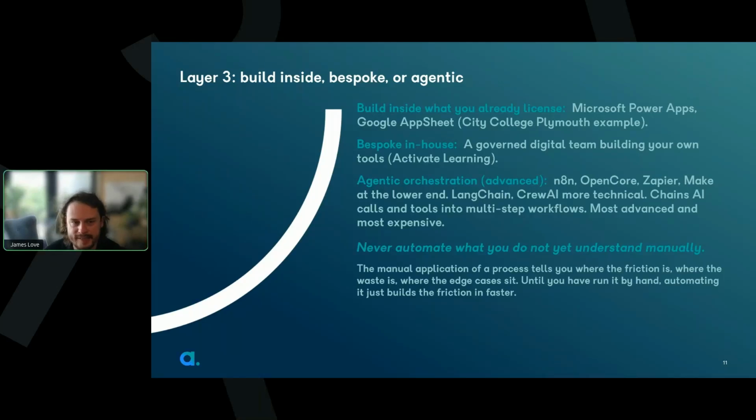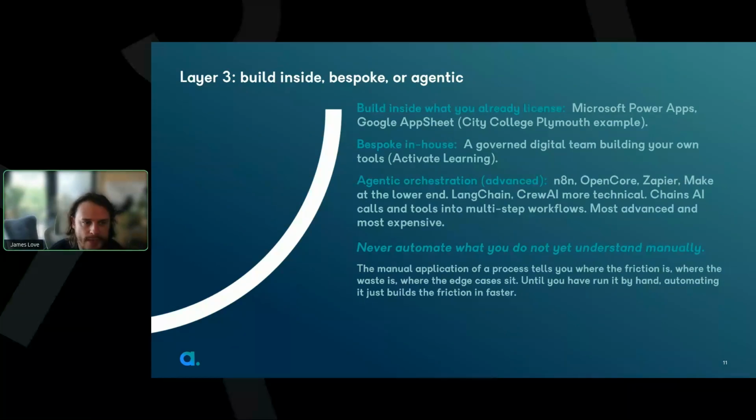Third, and this is the bit that everyone is getting excited about at the minute, but is the most advanced and is the most expensive, is agentic orchestration. Tools that chain multiple AI calls and multiple business tools into a single workflow without needing necessarily any human involvement.